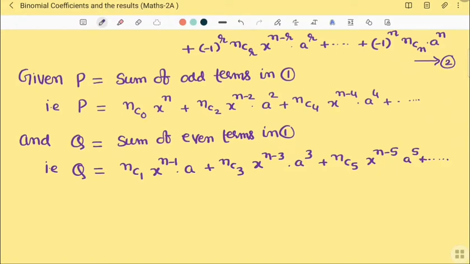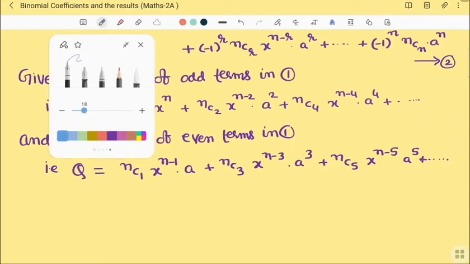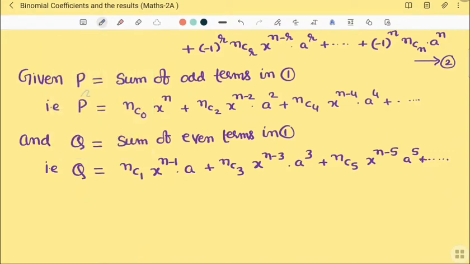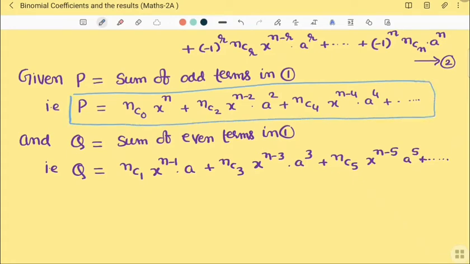After writing these values, if you mention them like this, you will make a good impression on the examiner.